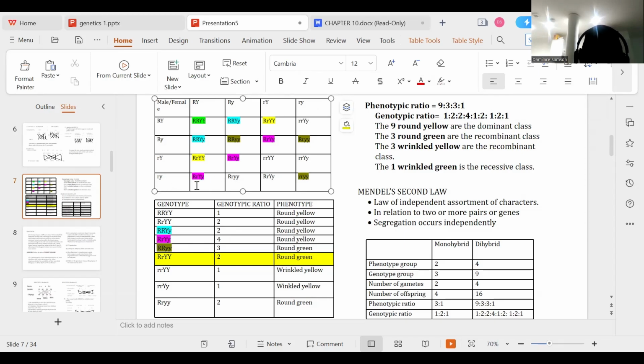Capital Y, small y. Capital R, small r. Small y, small y. Small r, small r. Small r, small r. Okay, good. So this, that is 3. Is there another one like that here?